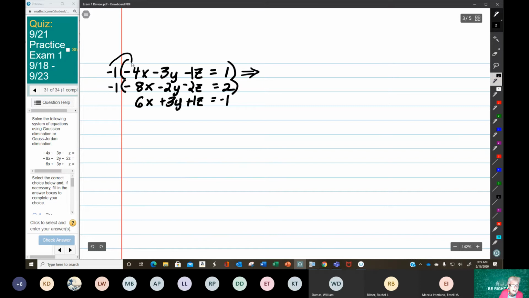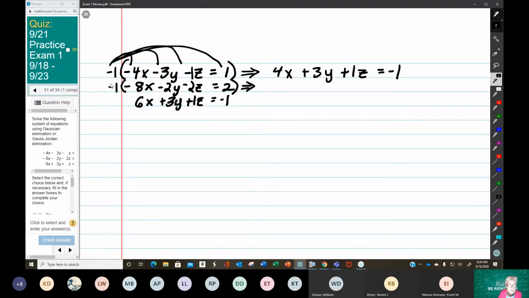So if I multiply -1 by each number, all 4 numbers, I'm going to get +4x plus 3y plus 1z equals -1. And then over here, I'm going to do the same thing.